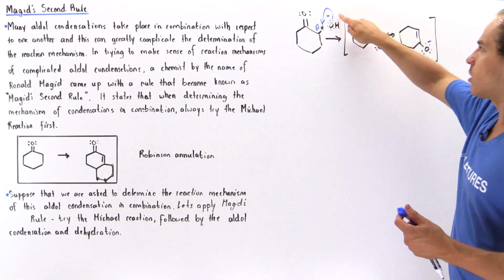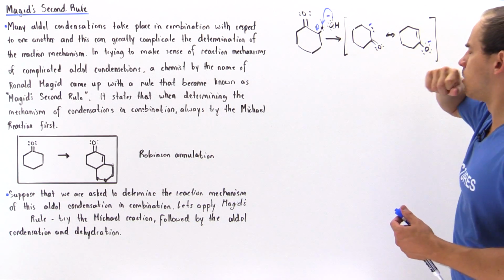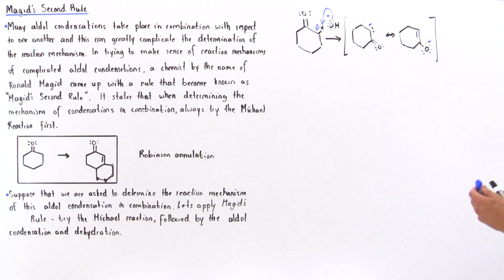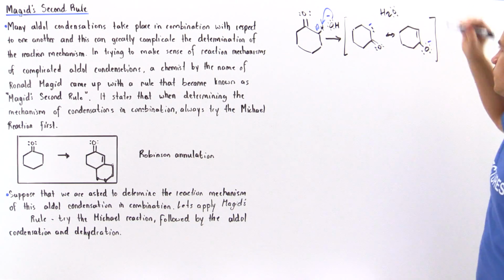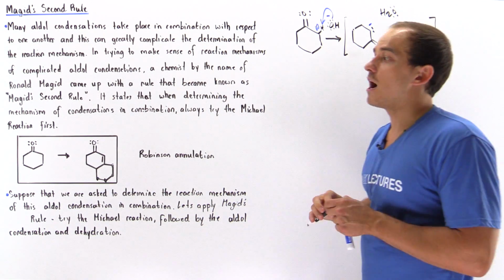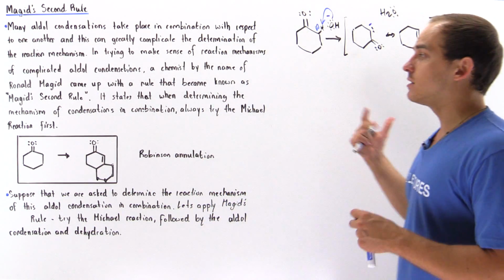Now we also form a water molecule, because when the hydroxide combines with this hydrogen, we form the water. So we have water somewhere above floating around. Now, the next step is this anion acts as a nucleophile and attacks some type of carbonyl molecule. This is the Michael reaction.